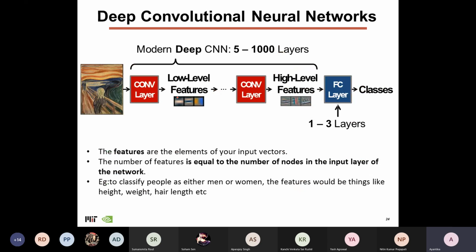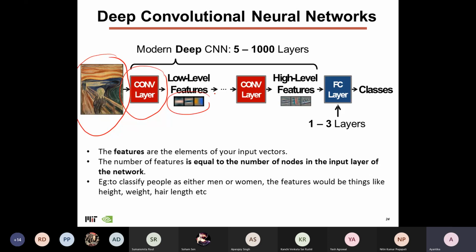Now let's come to this part in detail. As we mentioned, when we have one image, we pass that to a convolution layer, when we are talking about the deep convolution neural network. And then it extracts some low level features, the same thing we discussed with the previous example.